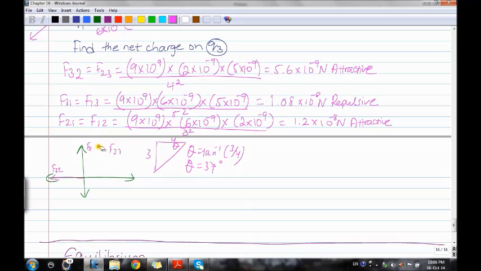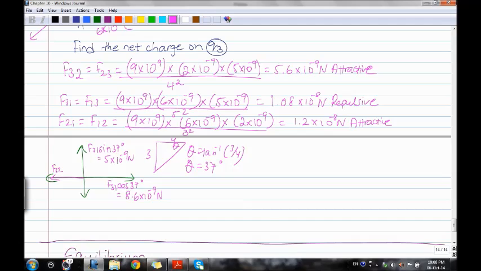So here it would be F31 sine 37 degrees, and here it would be F31 cosine 37 degrees. So the answer here would be 8.6 times 10 to the power of negative 9 Newton, and then here it would be 5 times 10 to the power of negative 9 Newton, and then we know F32.